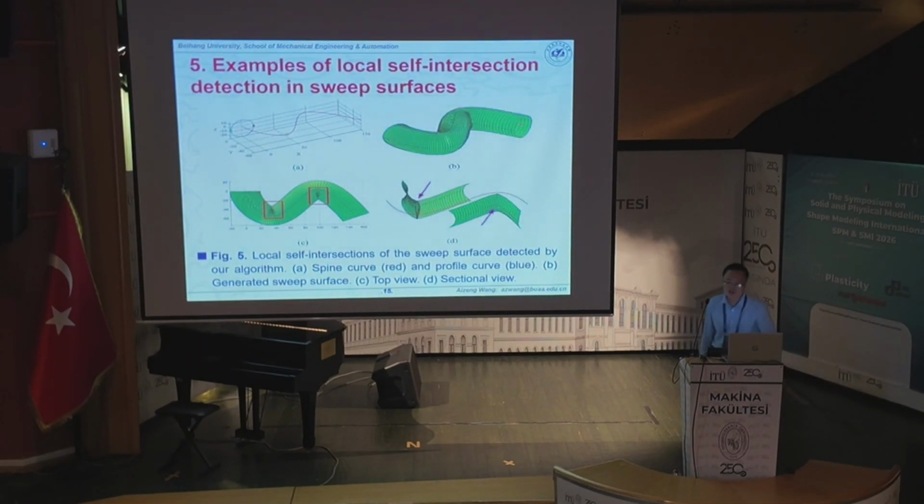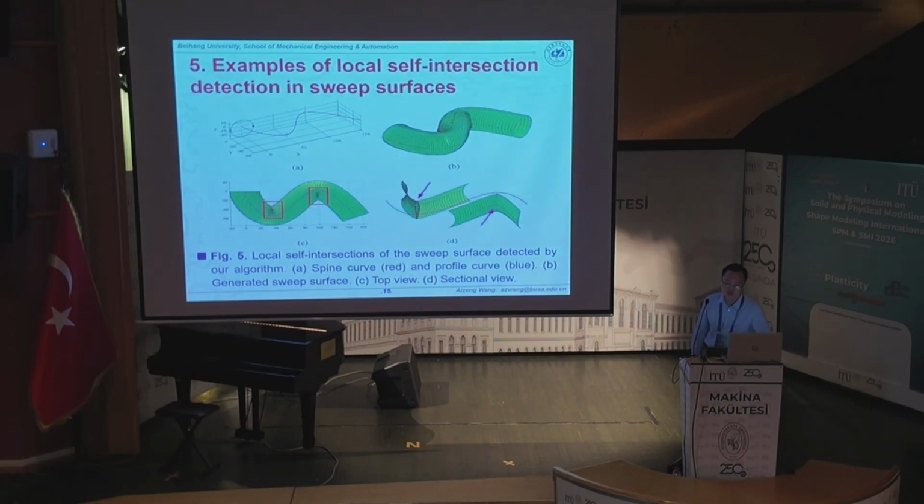Next, we present some examples to show the effectiveness of the proposed algorithm in detecting self-intersections in sweep surfaces. In figure A, yellow points mark the curvature extremes of the spectrum. The red and cyan points mark the positions corresponding to the maximum and minimum offset distance on the profile.